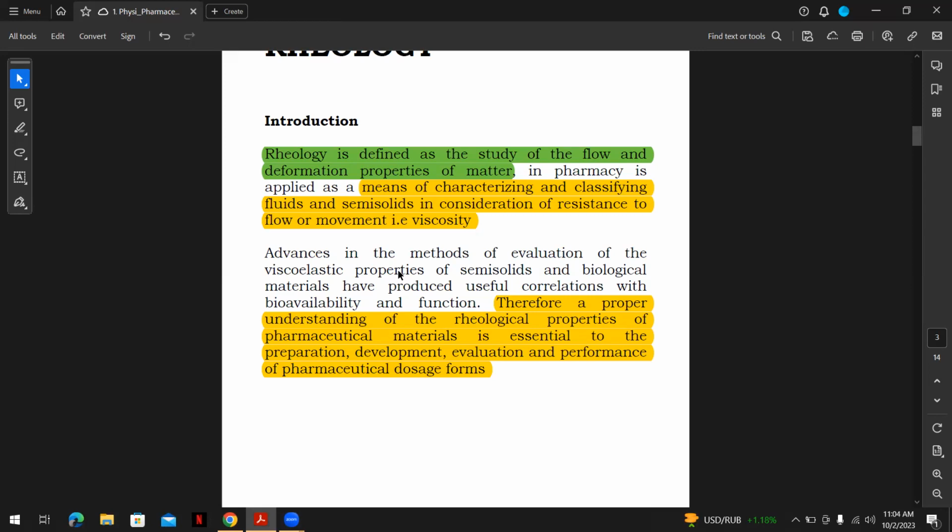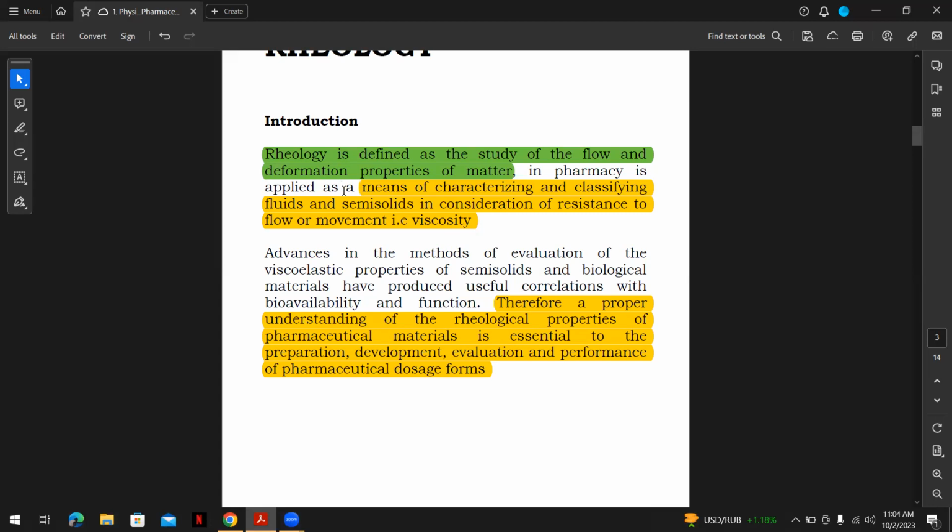Oh, she's here. So in simple terms, just tell us what you've understood about rheology as a definition. Not as anything serious, just as a definition. So rheology, I've understood the definition, the study of fluids, the flow, and the types of fluids.